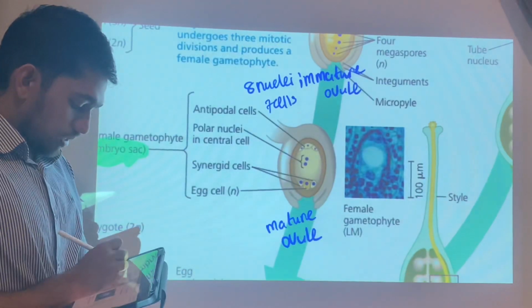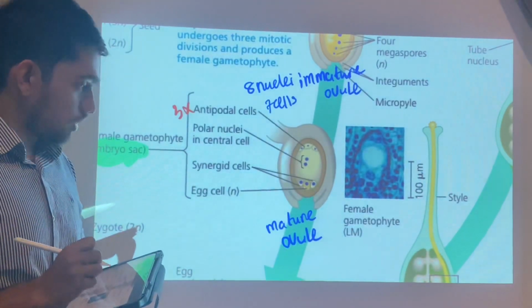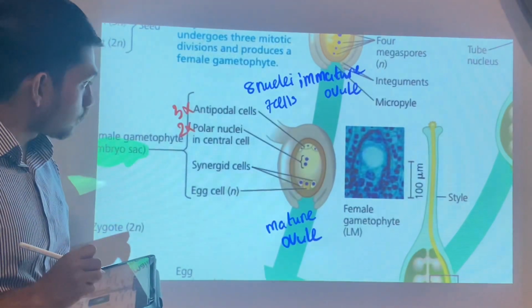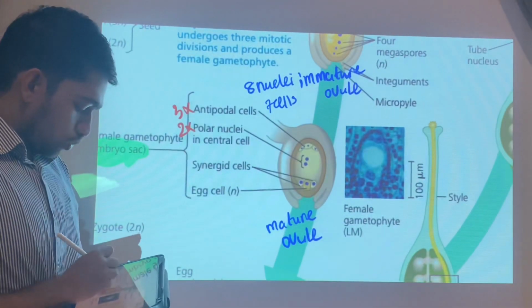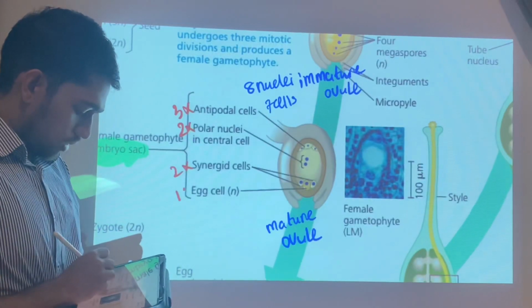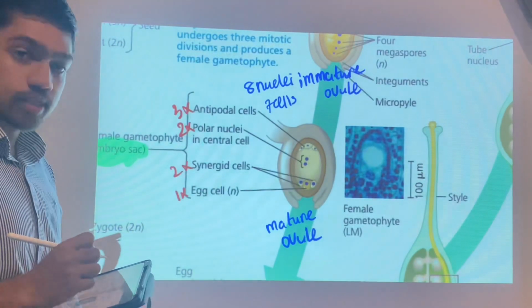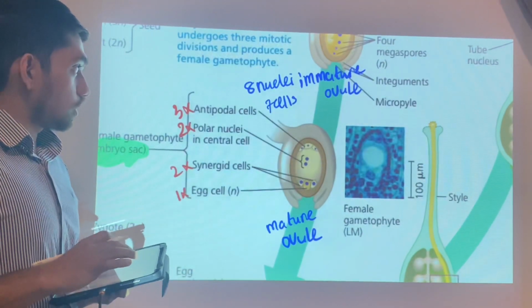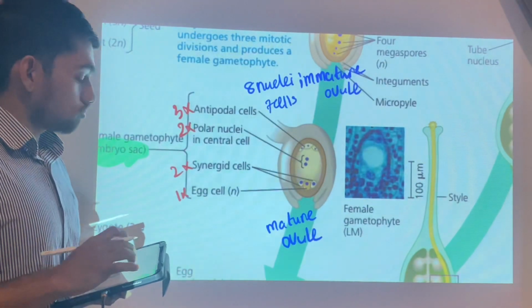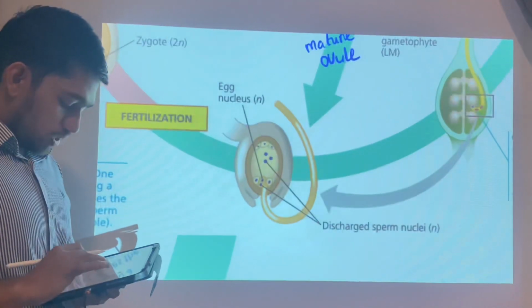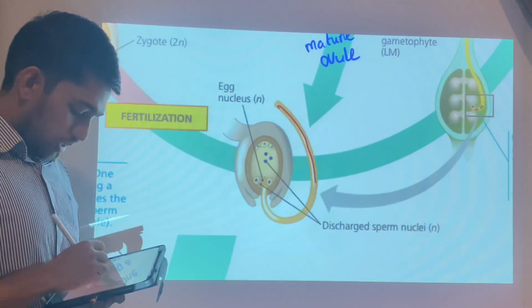You can see 3 antipodal cells, 2 polar nuclei, 2 synergid cells and 1 egg. So 3 plus 4 plus 1, that is 8. So 8 nuclei, 7 cells.